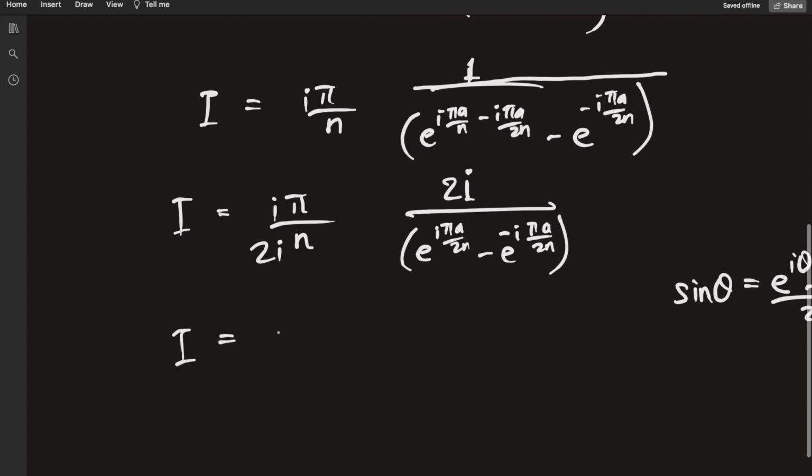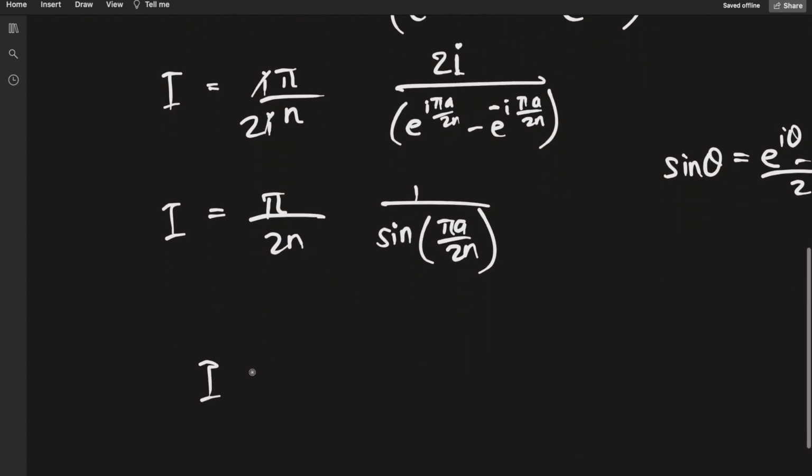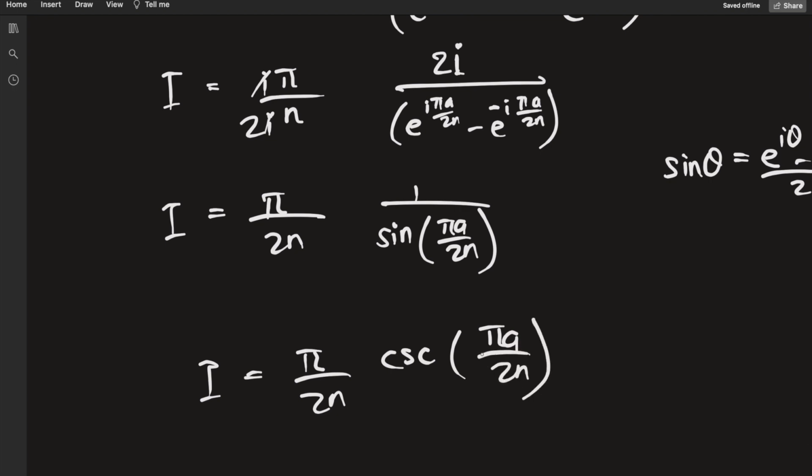That's why I multiplied and divided by 2i, because this i cancelled with this, pi over 2n, and this just becomes 1 over sine of pi a over 2n, and 1 over sine can properly be expressed as the cosecant of pi a over 2n.